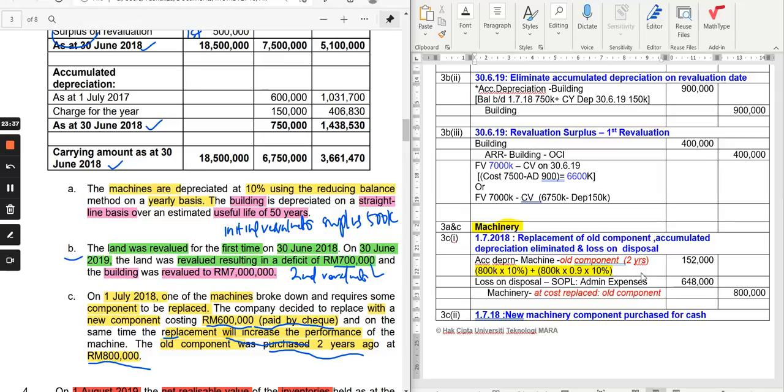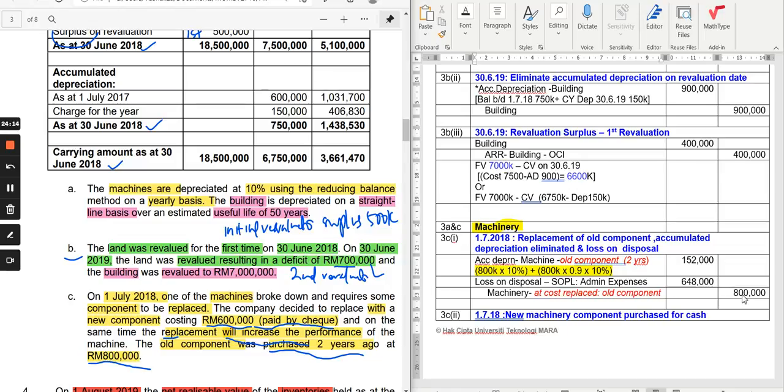Okay, so for the 2 years, the first year is going to be 80,000, and the second year would be based on the carrying amount. To get the carrying amount, another way of doing it is by taking 800 times 90%. And on that carrying amount, you will have to provide a 10% depreciation charge, since the depreciation is reducing balance on a yearly basis, and therefore you get 152.